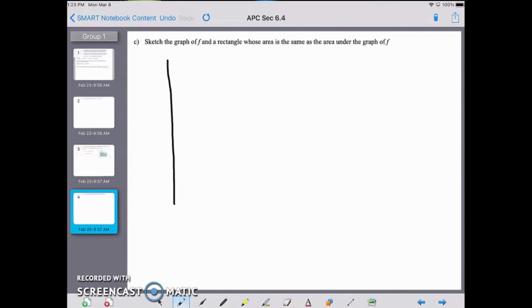So I'm just going to build a coordinate plane here. All right, and we know that f of x equals (x minus 3) squared is just a parabola with a horizontal shift 3 units to the right.